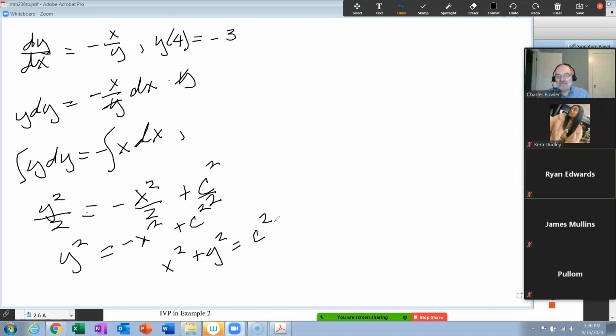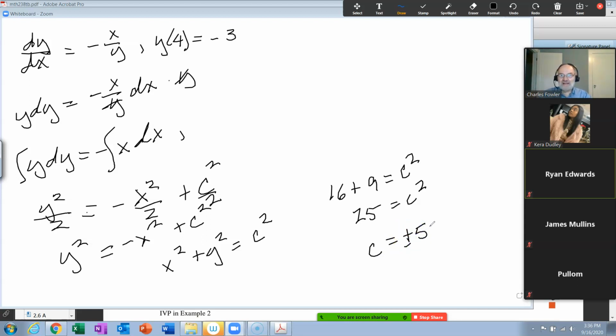A circle of radius c, centered at the origin. Okay? Well, all we have to do is plug in our value. When x is 4, we'll have 16 plus y is negative 3, but when you square that, you get 9 is equal to c squared. So this is going to be 25 is equal to c squared. So c is either plus or minus 5.